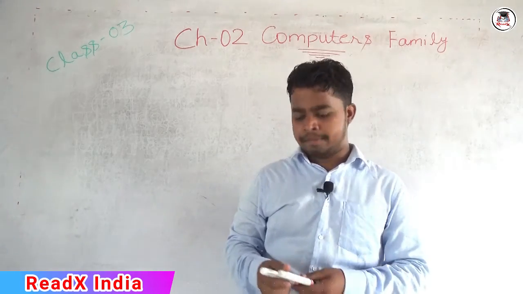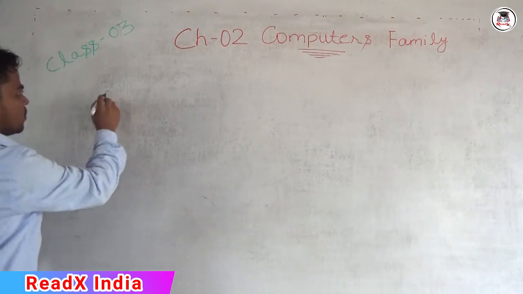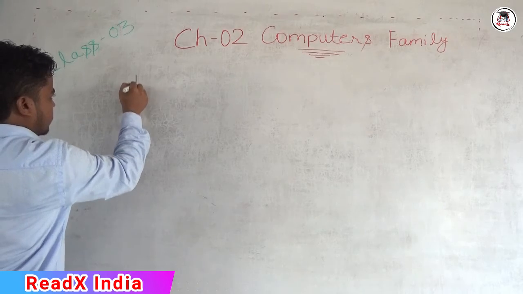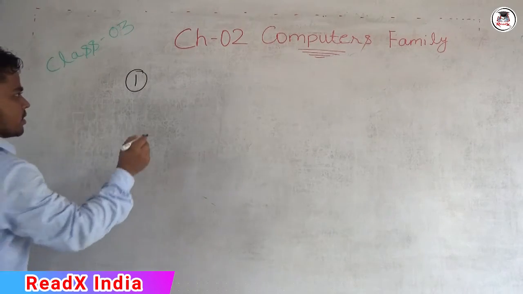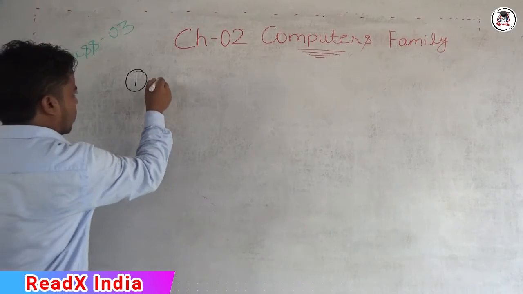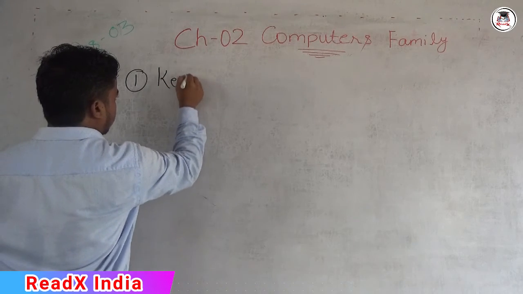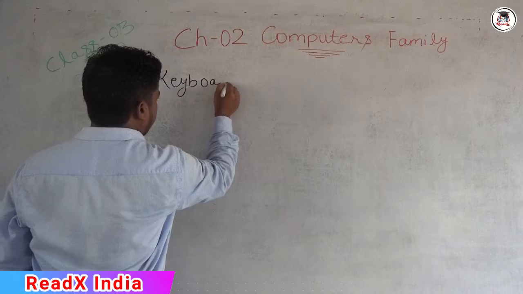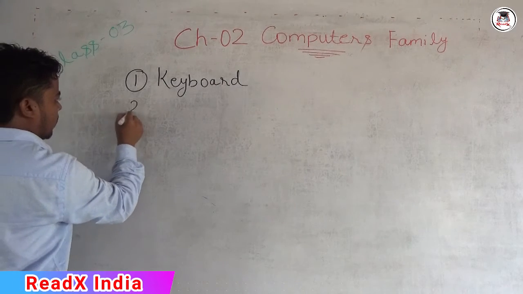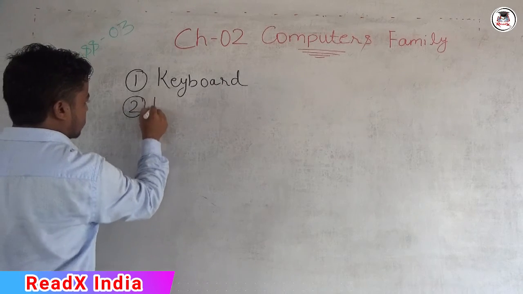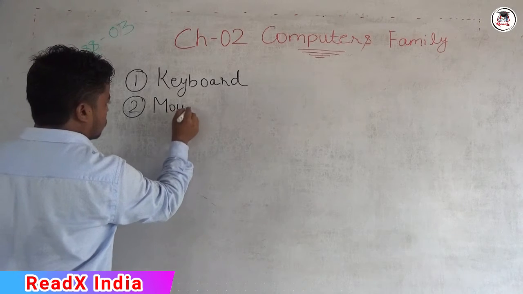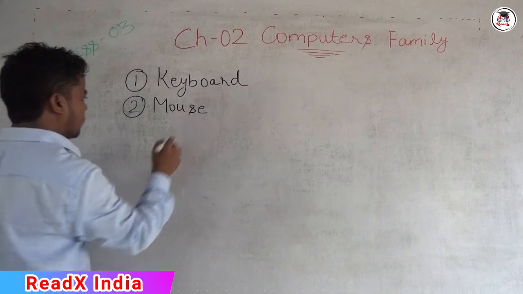Let us see. The first and foremost device required in a computer system, or in the computer family, is the keyboard. Next is the mouse.